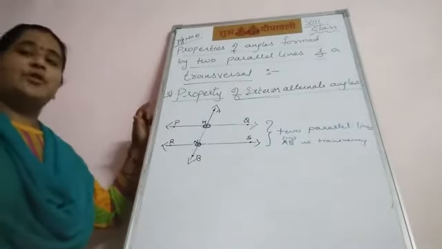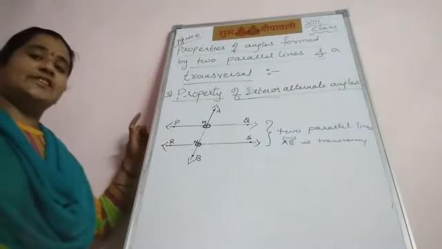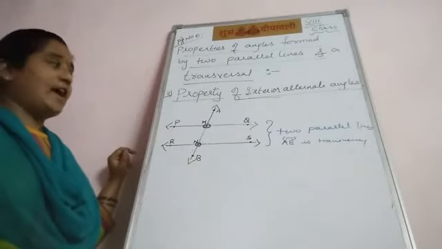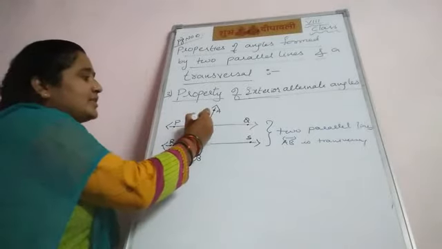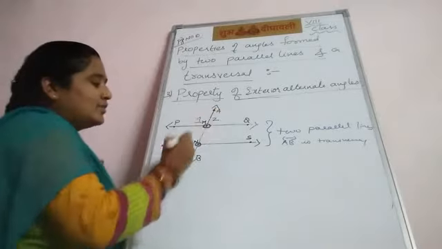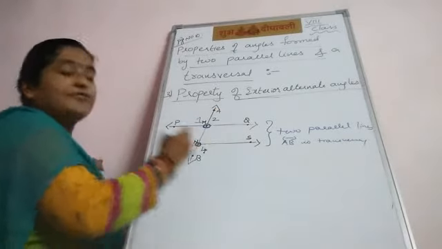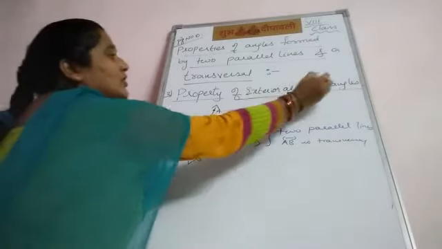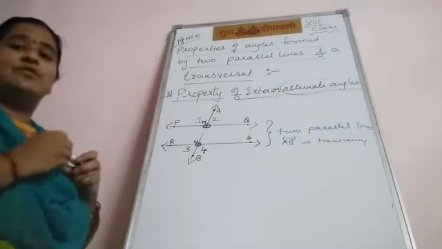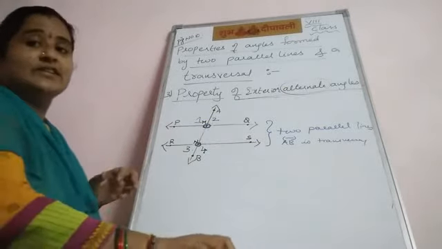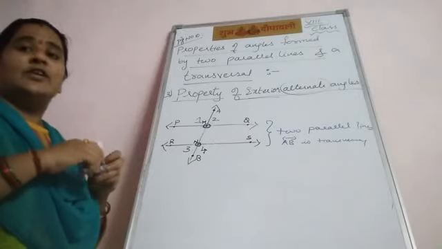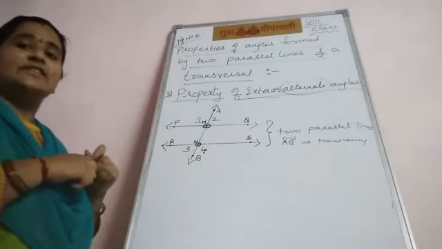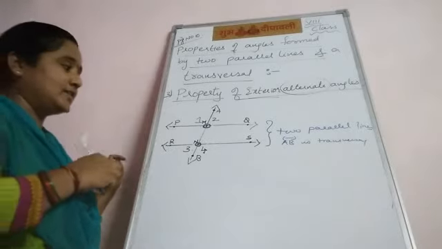Now our next property is property of exterior alternate angles. Exterior means what? Outside the angles. Here I am writing numerals. Angle 1, angle 2, angle 3, angle 4. These are the four exterior angles. Now alternate means what? Opposite angles. Now we are going to write the two pairs of alternate exterior angles, otherwise exterior alternate angles.